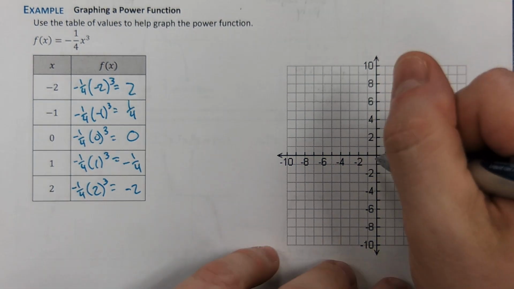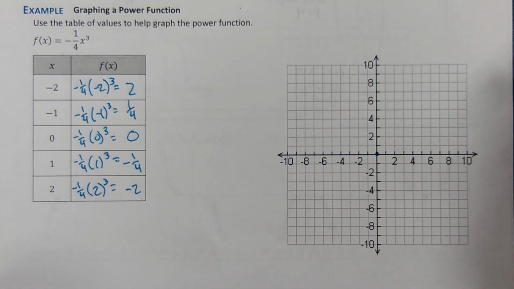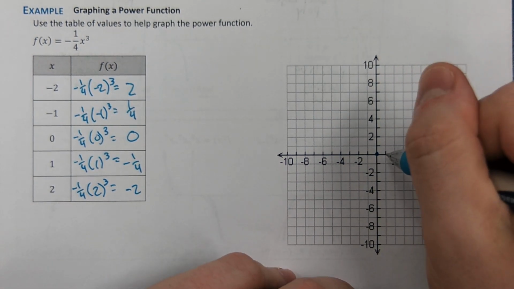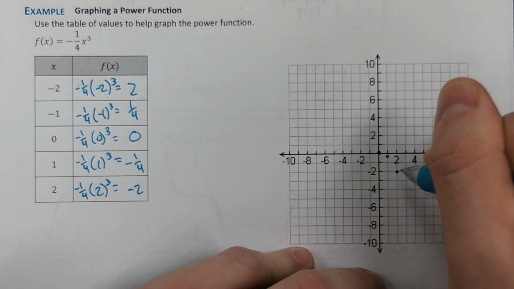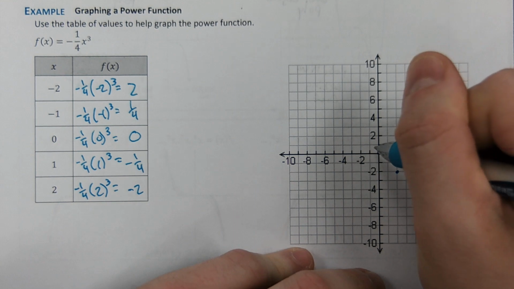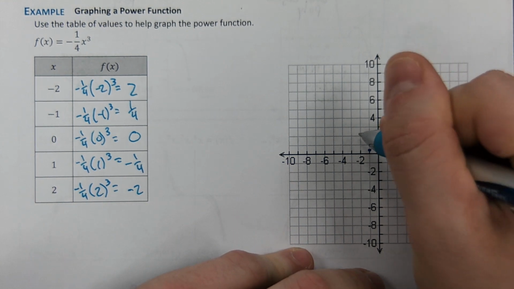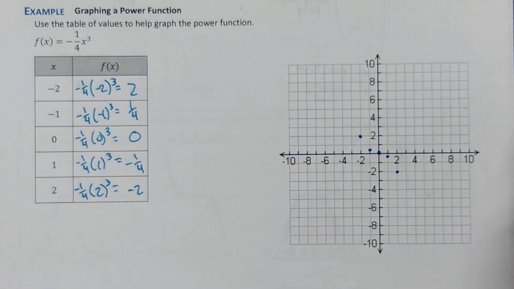Okay, let's see. We've got 0, 0. We've got 1, -1/4. 2, -2. I've got -1, +1/4. -2, +2. And let's get some more points, just for funsies.